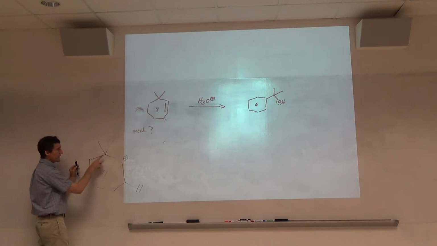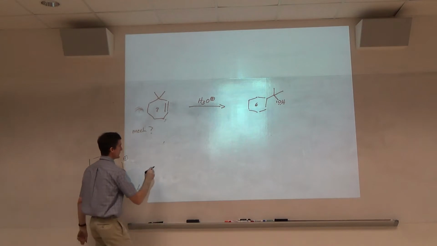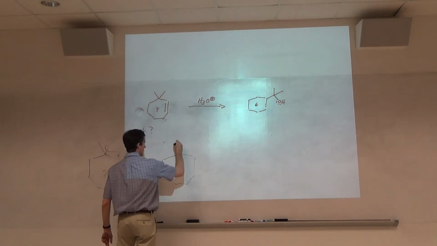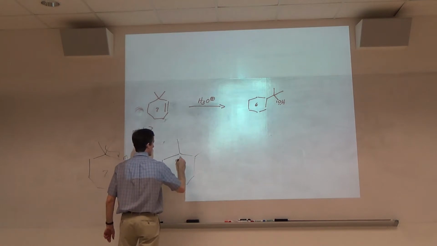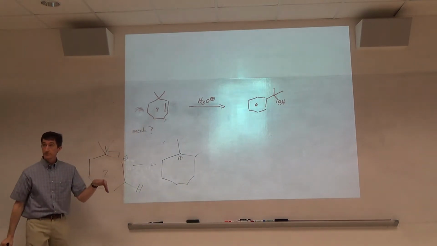We rearranged by moving this bond over and making 6. I think the question is, why not move the methyl over and rearrange, still have a 7, but we just rearranged by moving a methyl over. Is that the question?